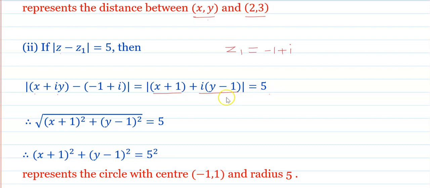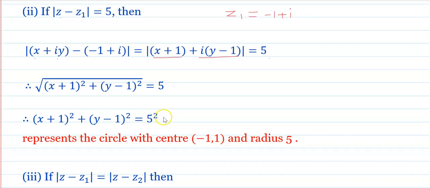If you find the mod, it is root of (x plus 1) whole square plus (y minus 1) whole square, that is equal to 5. Squaring on both sides, you will get (x plus 1) whole square plus (y minus 1) whole square is equal to 5 square. That is, it represents the circle with the center (minus 1, 1) and the radius of the circle is 5.